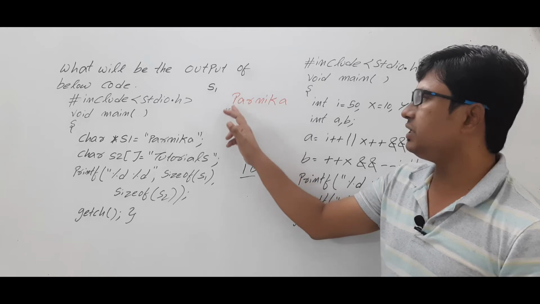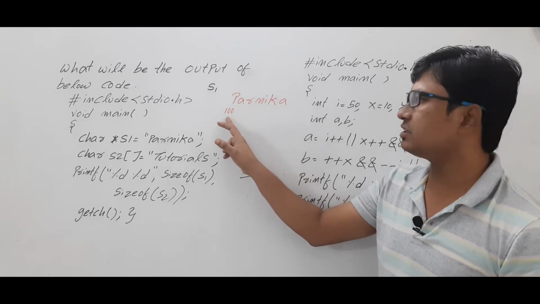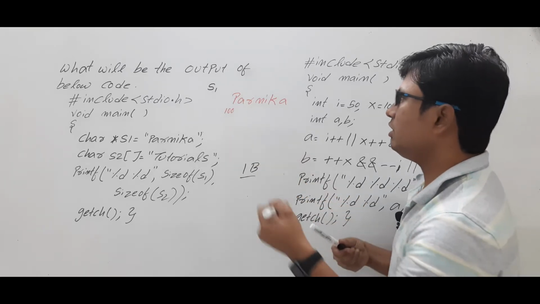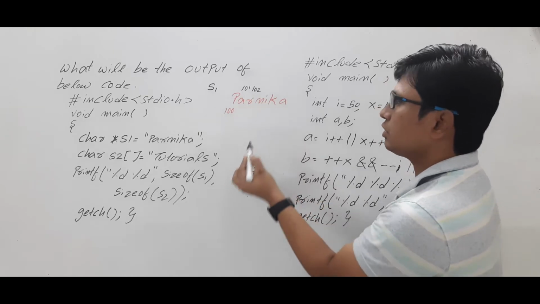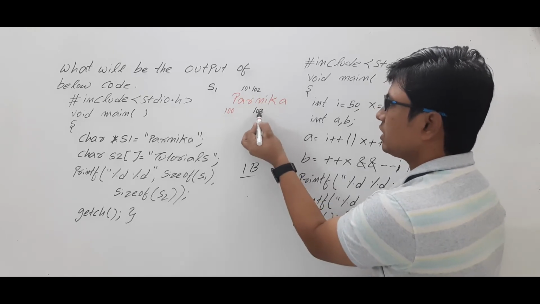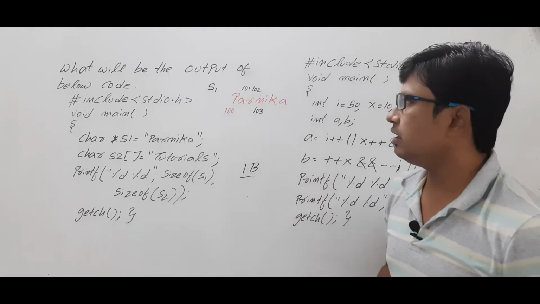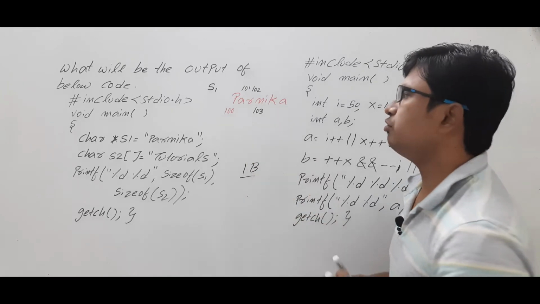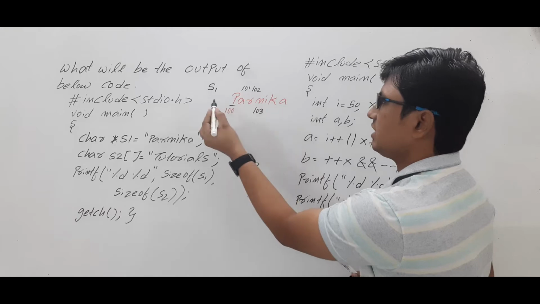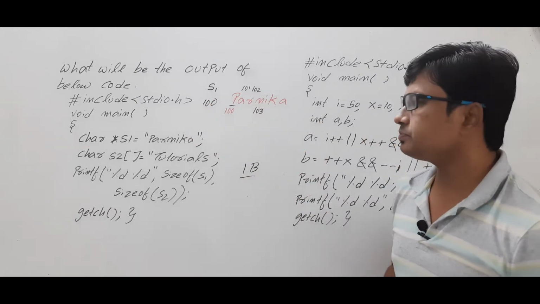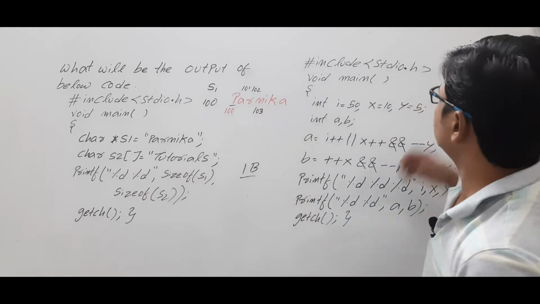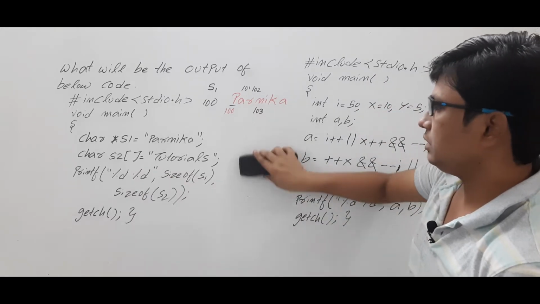Suppose let's take the P is stored in the base address of 100th byte, A will be stored in 101, R will be stored in 102, then N will be stored in 103 byte, like that it will be there. Now S1 will consist of the base address, the first character address which is 100. Let's assume here, okay.